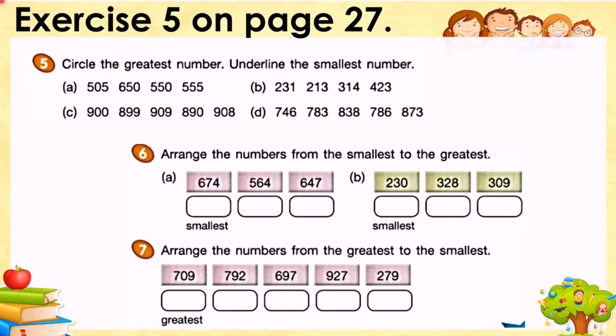Okay, so letter A. We have here the numbers 505, 650, 550, and 555. Among these four numbers, which is the greatest number? Okay, so the greatest number here is 650. So you are going to circle.